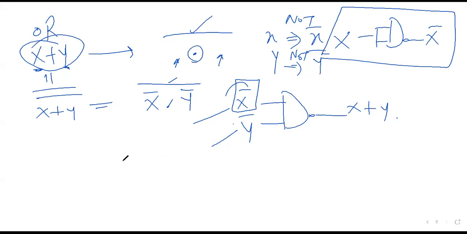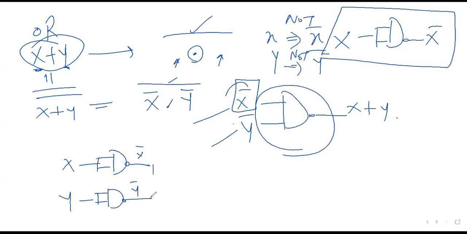So for X bar, I now have X producing X bar at this point. I now have Y producing Y bar at this point. Now I have X bar here, Y bar here. Then I continue, I take this one. The input is X plus Y. This is an OR gate using NAND gates only.